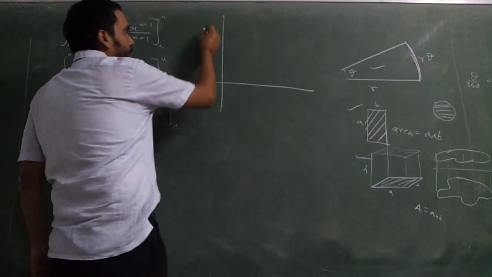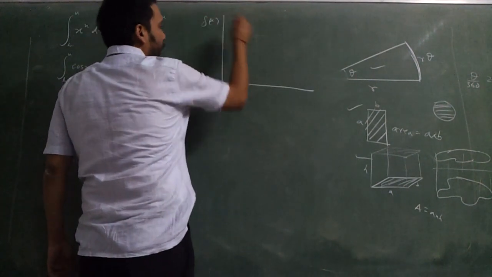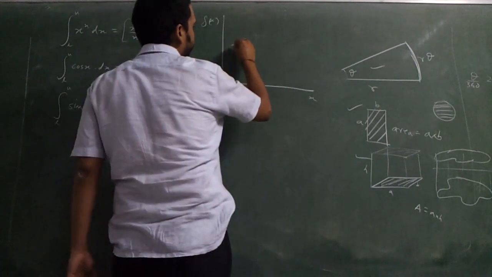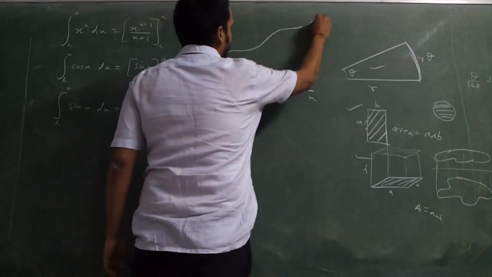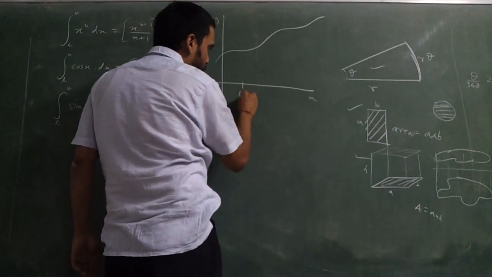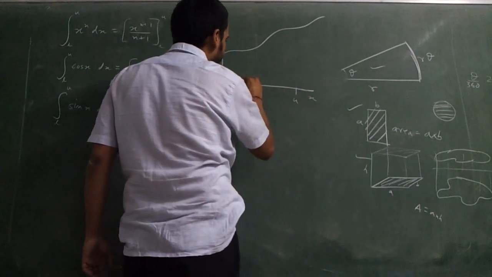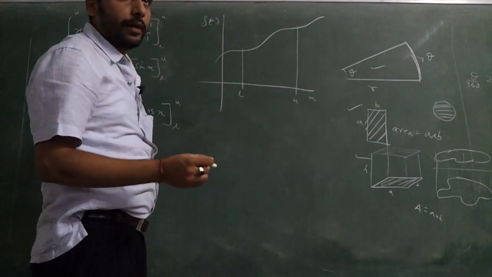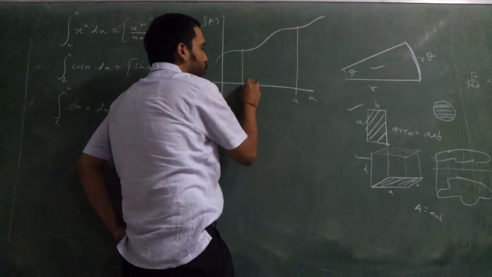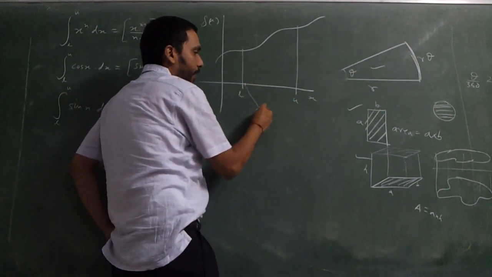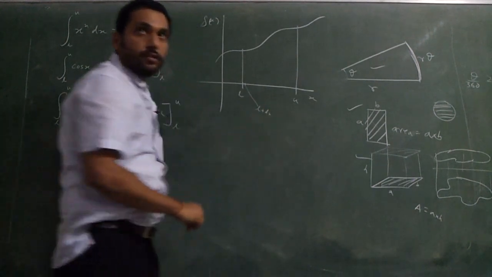In mathematics, what is your integrator function doing? It is something like this. You have a function. This is the lower limit, this is the upper limit. This is your L plus dx.